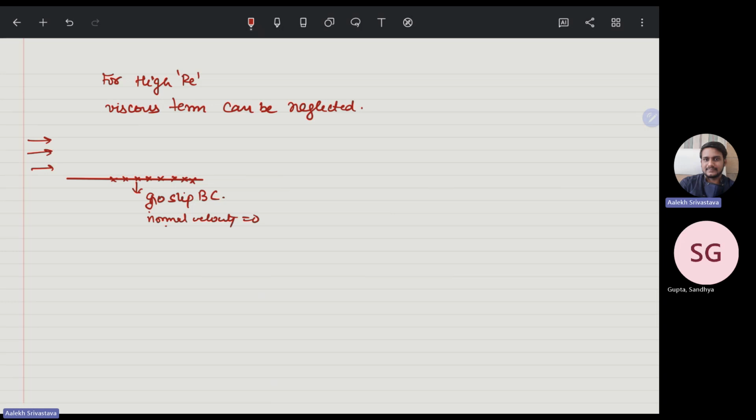You cannot apply both simultaneously. Suppose this is flow over a sphere.